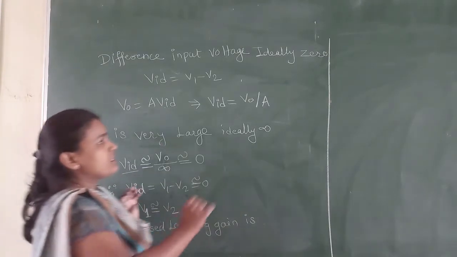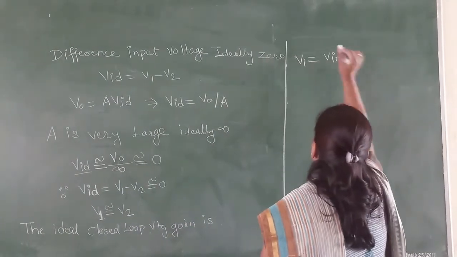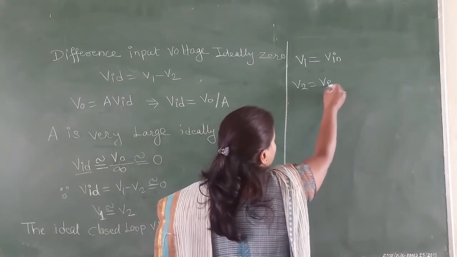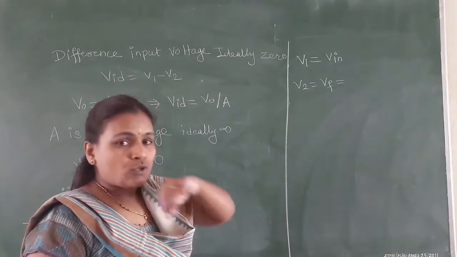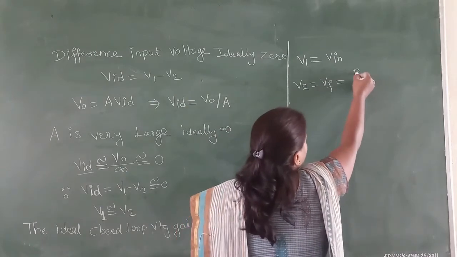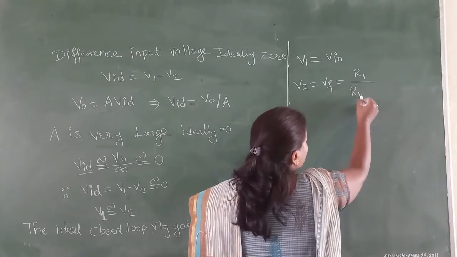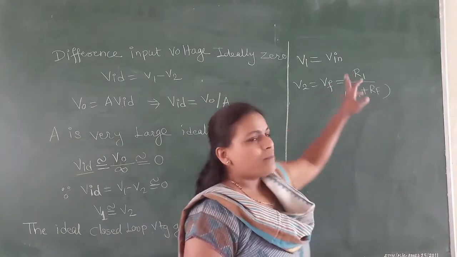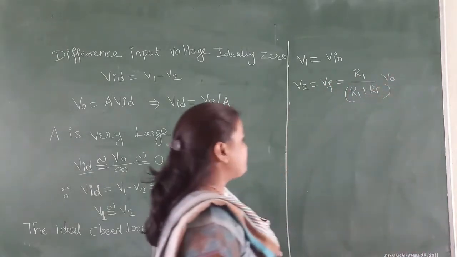From the circuit diagram, V1 is the input voltage Vin and V2 is nothing but the feedback voltage VF, which is the voltage generated across the resistor R1. By the voltage divider rule, VF is R1 by R1 plus RF times the output voltage V0.